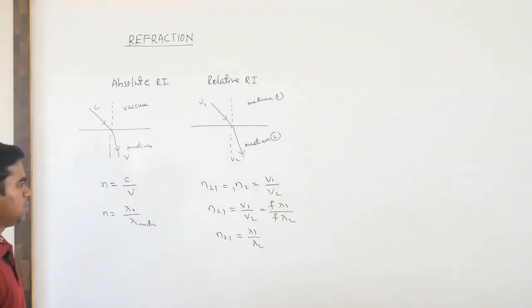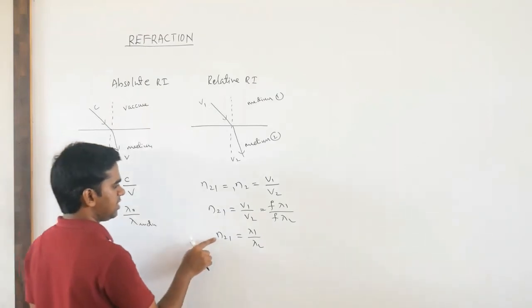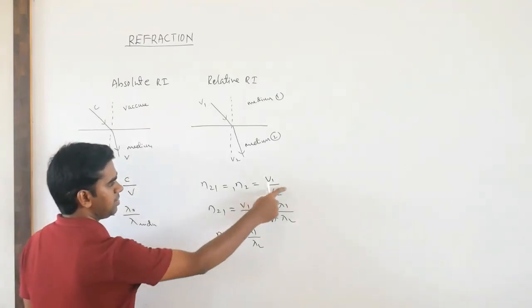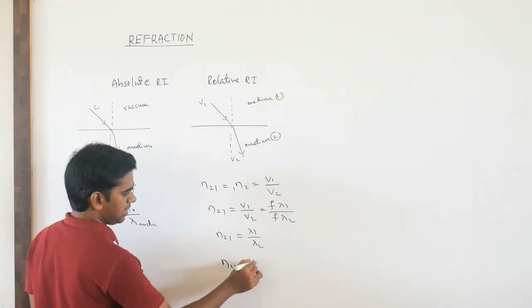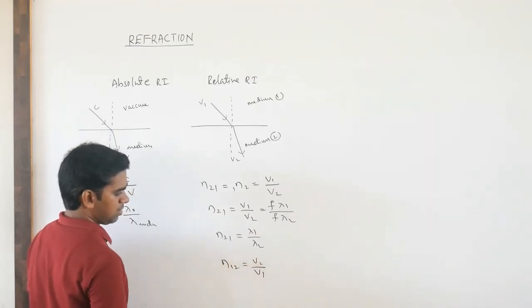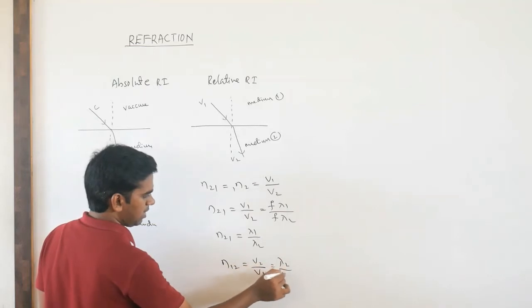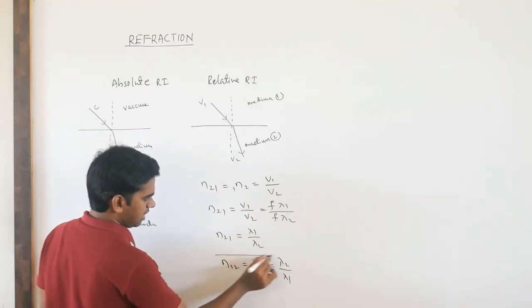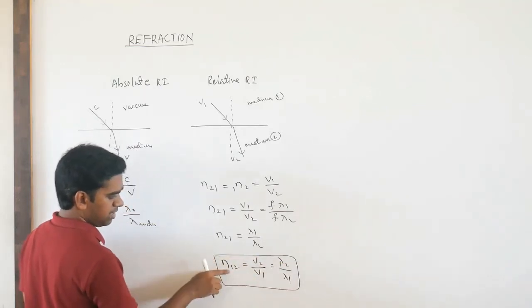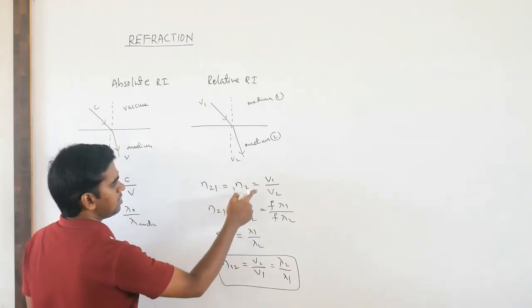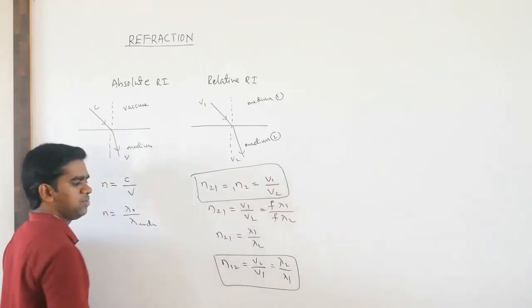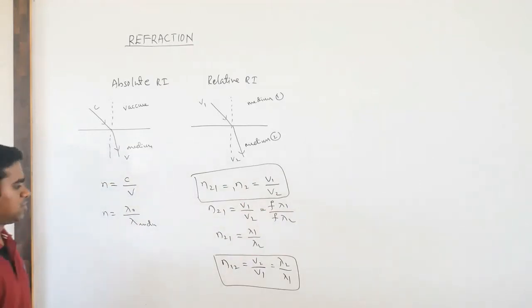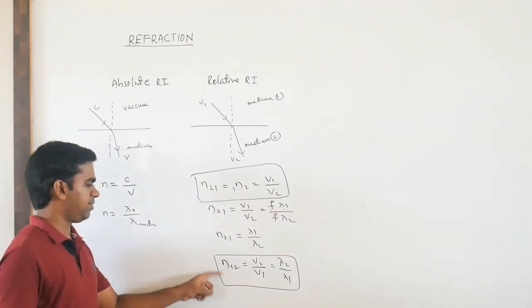You can also write refractive index of first medium with respect to second medium as v2 by v1 or lambda 2 by lambda 1. So this is relative refractive index.